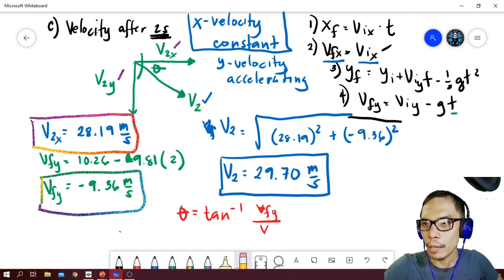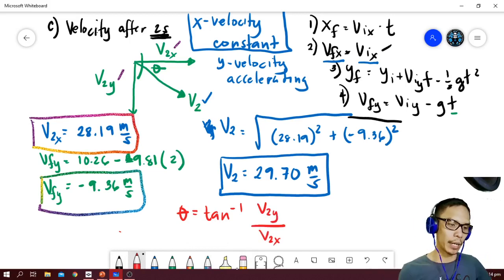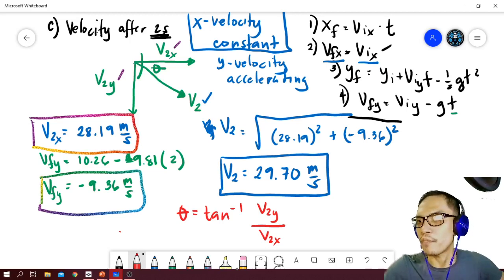Let me erase that again. So we have V sub 2y divided by V sub 2x. Okay, let's put in the values.